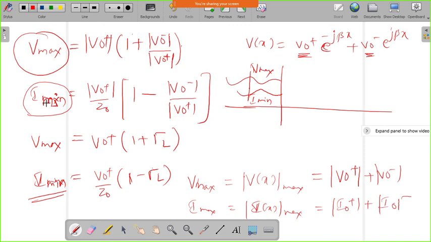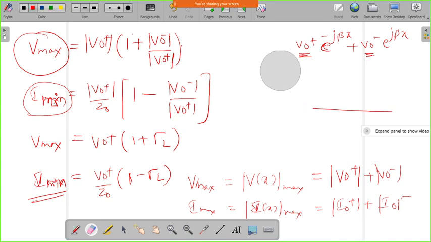Similarly we can write V minimum and I max. So V minimum is equal to, again, V naught plus into 1 minus gamma L, and I max will come as V naught plus into 1 plus gamma L. So it is a reverse case of V max and I min. I can write this once more to not confuse again.